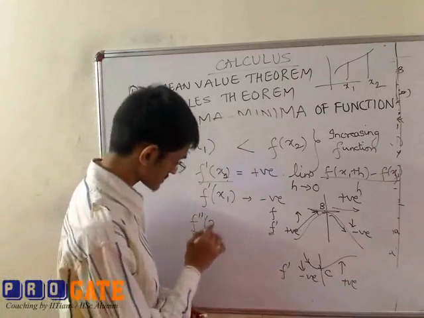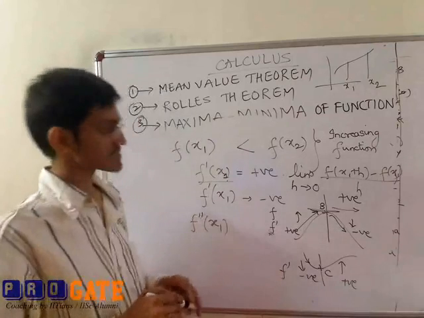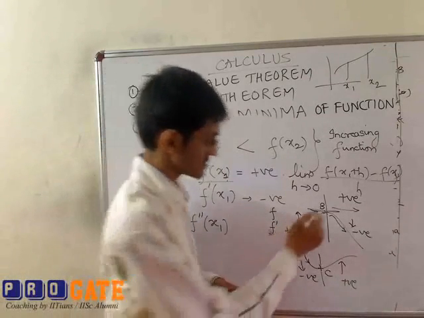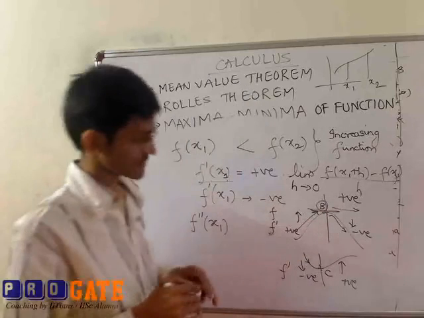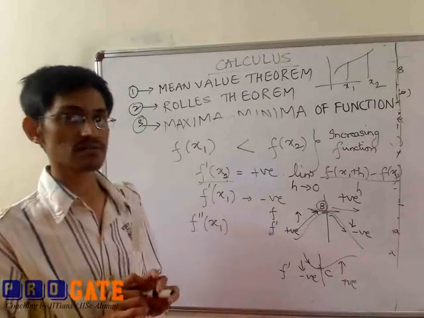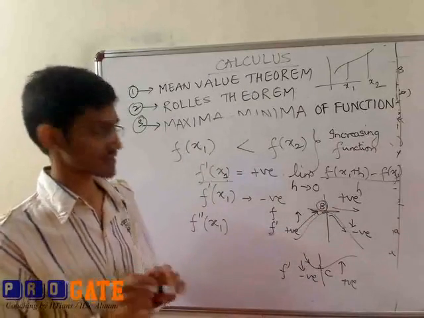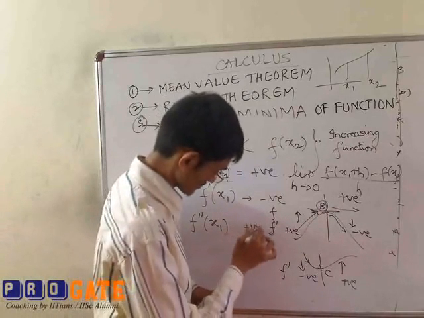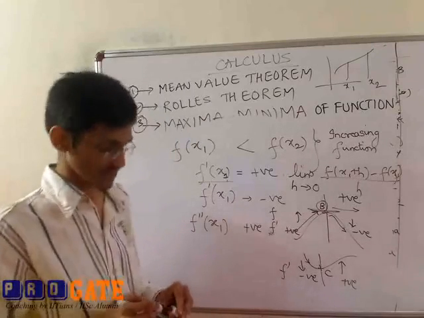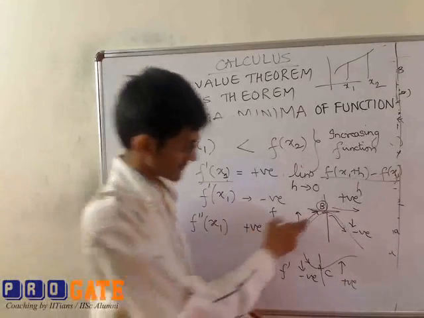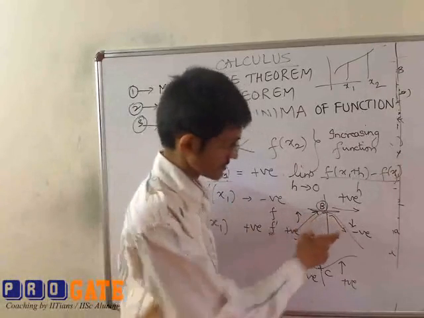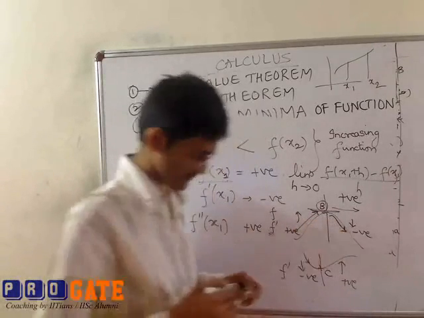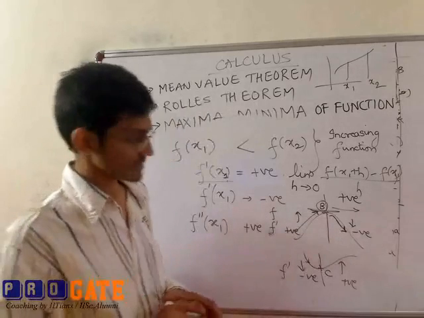Coming to f double dash, what would f double dash be? Say at point B, for a local maxima, now you are at point B, you are moving further away from point B. What happens to f dash?